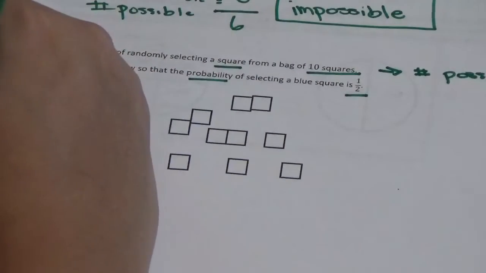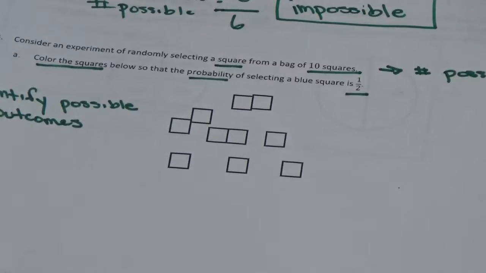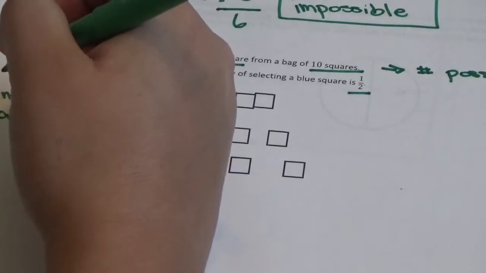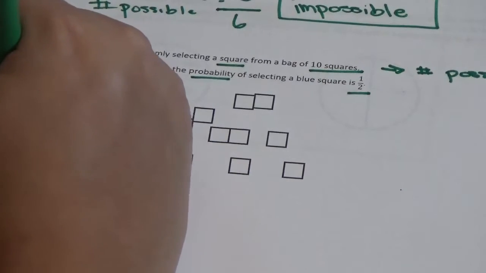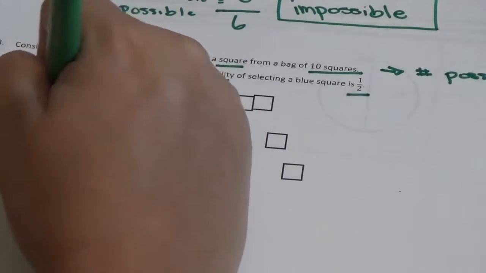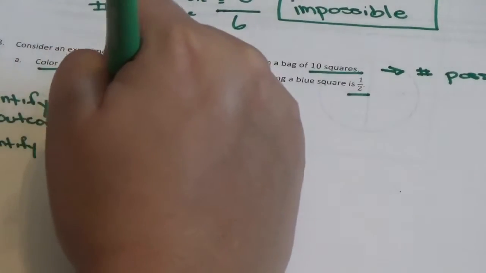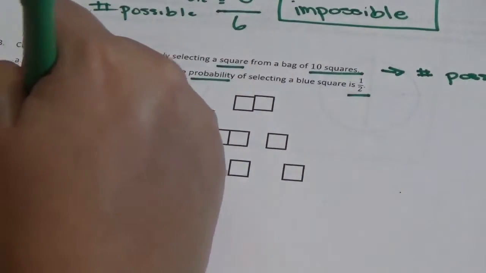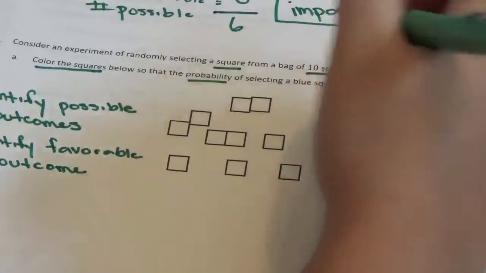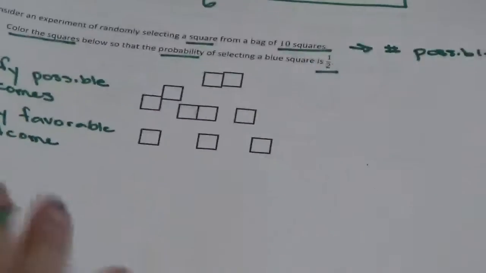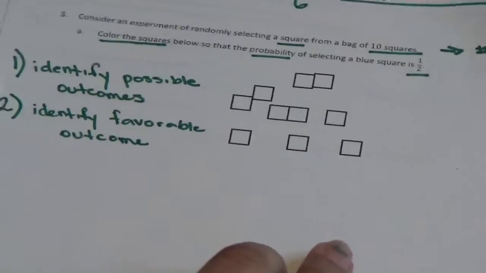The second thing I want you to do is to identify your favorable outcome. So here we know that our favorable outcome is always going to be the numerator.